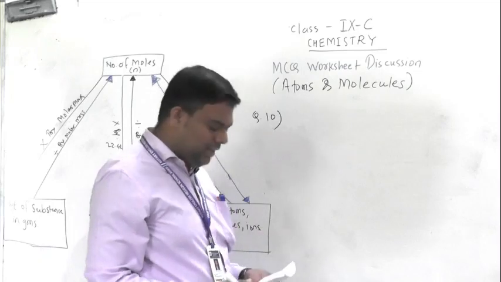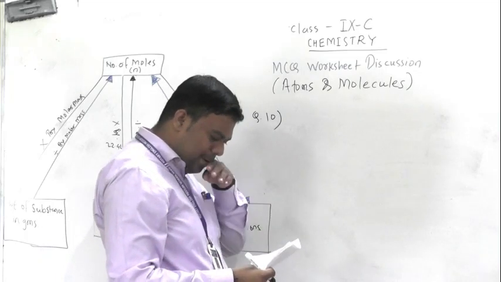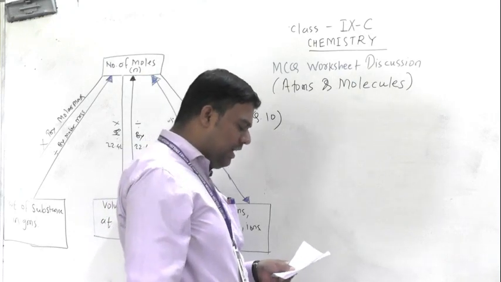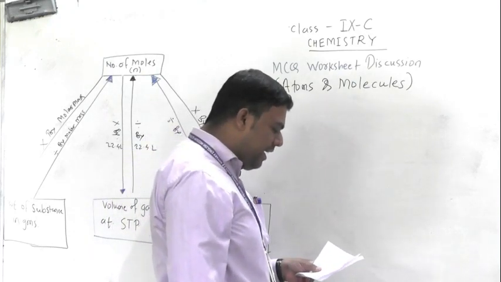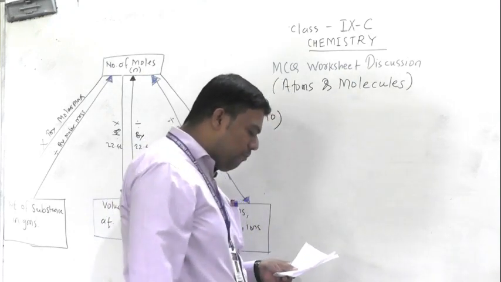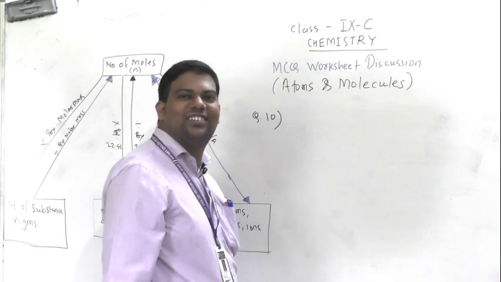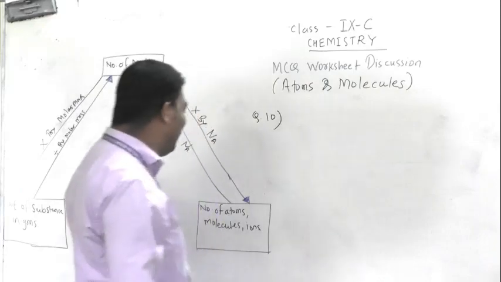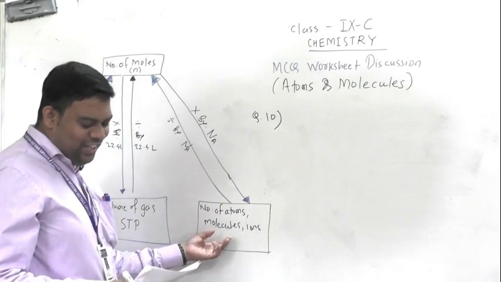In question number 10, what did they give? What amount of oxygen in moles contains 1.8 into 10 to 22 molecules? So they already give molecules, and they want the number of moles.